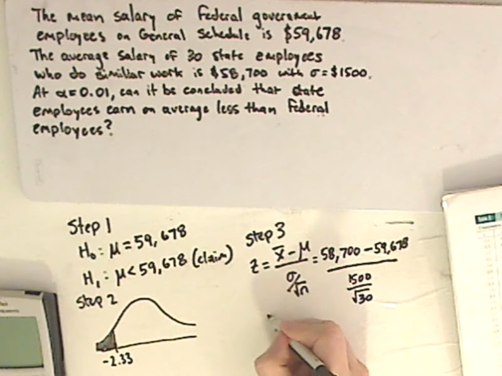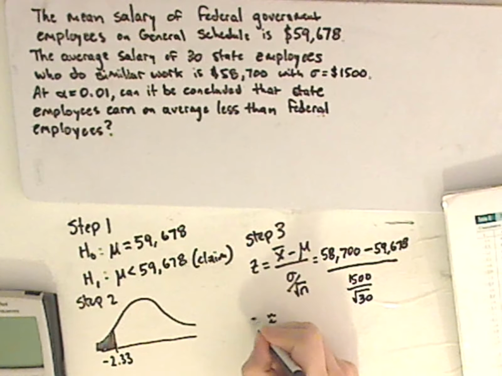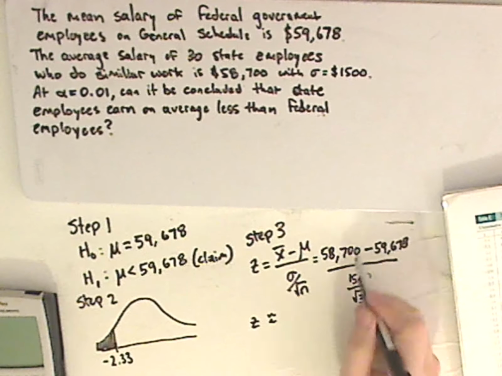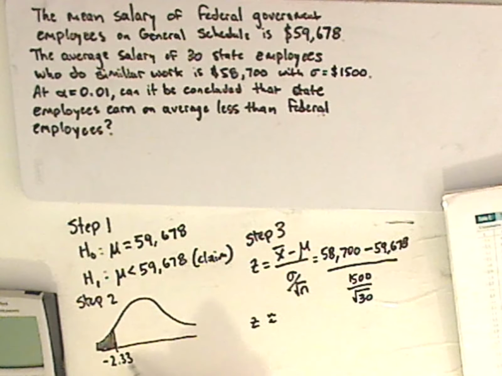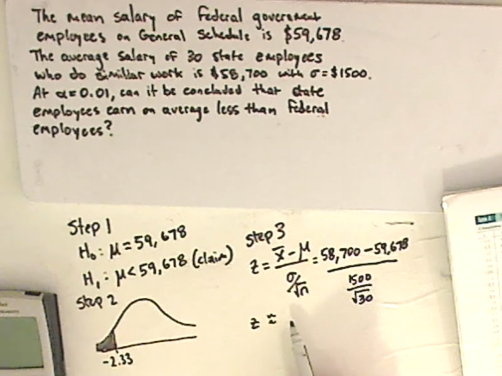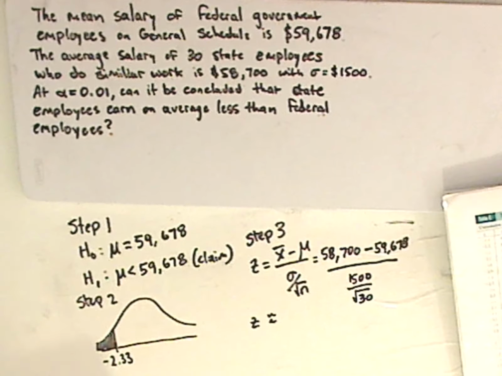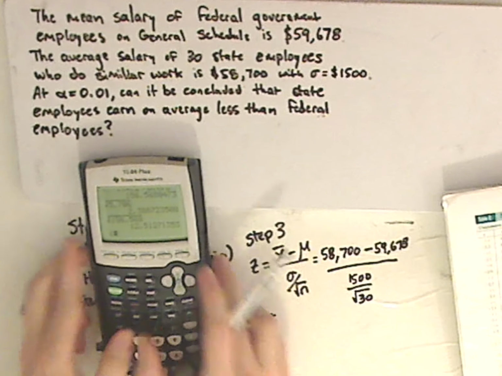And so that's what you have. And normally when I calculate this, since this is 2 decimal places, I usually just round to 2 decimal places. So plug everything into your calculator.